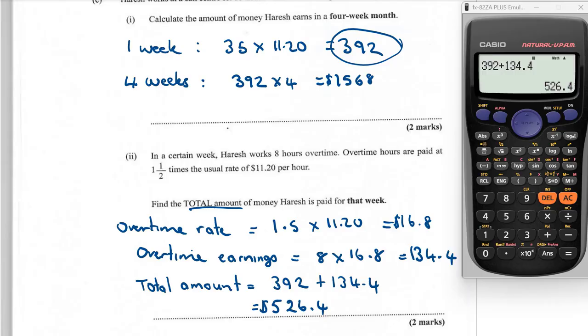So in that week, if he worked 8 hours overtime, he would have earned $526.40.